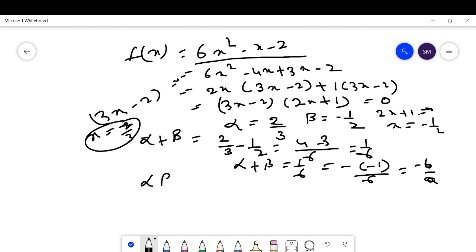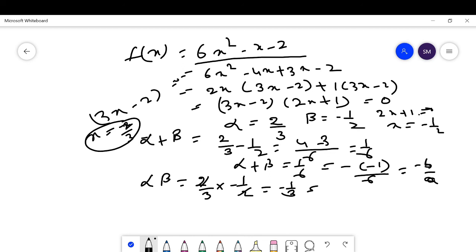Then what is alpha into beta? Alpha into beta is 2 by 3 into minus 1 by 2. The 2 cancels, we get minus 1 upon 3. Alpha into beta is equal to minus 1 upon 3.